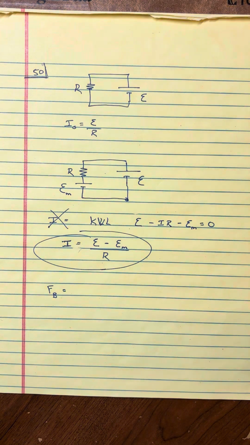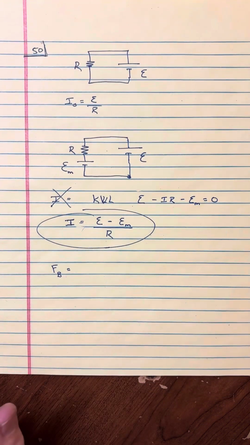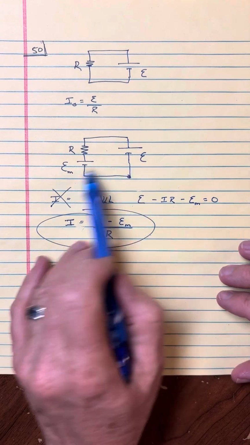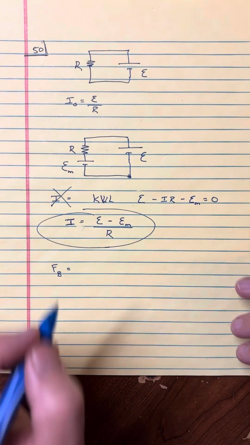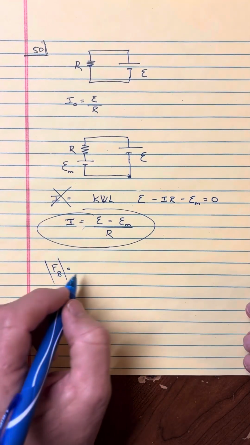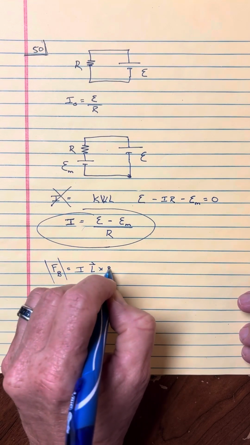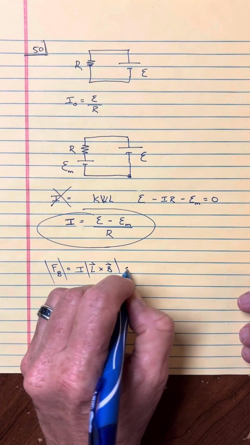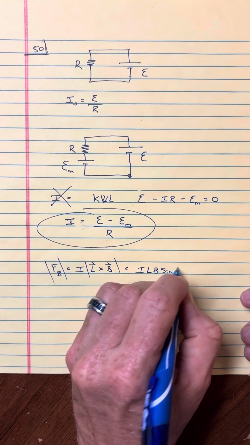So that's conceptually what's going to happen: this thing is just going to keep picking up speed, but in kind of an exponential way, because every time it picks up speed, there's a bigger pushback, which is less current, which is less push. But calculating the magnitude of the force, this would be I times the magnitude of L cross B, which would be ILB sine theta.